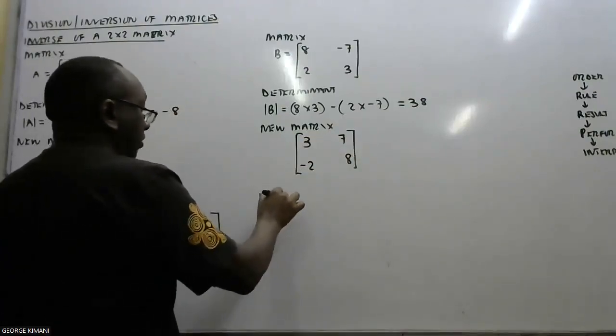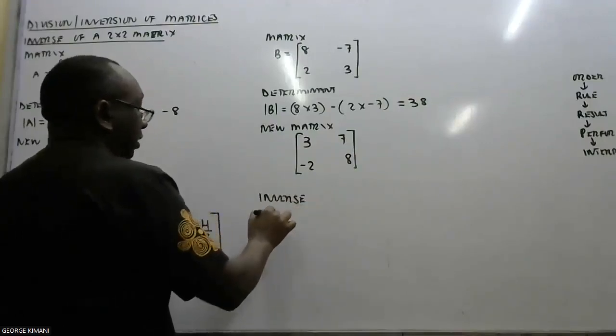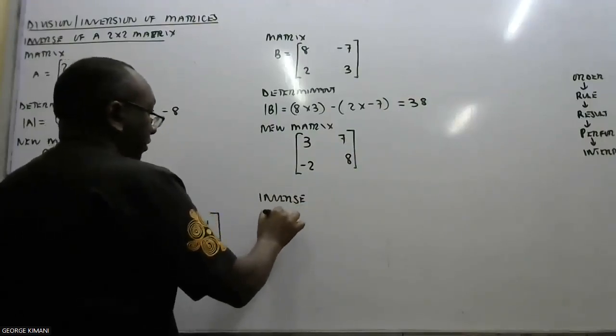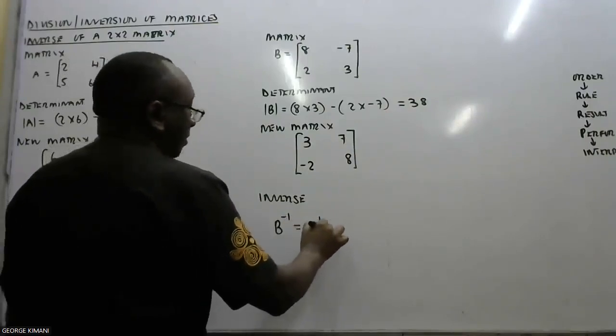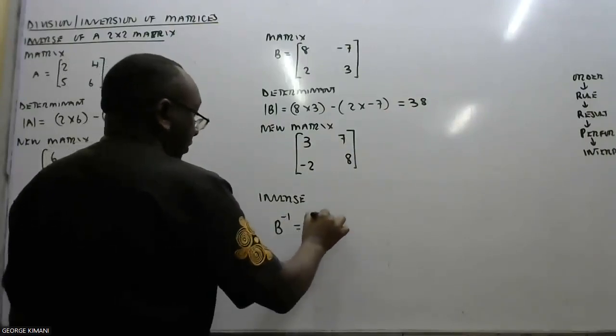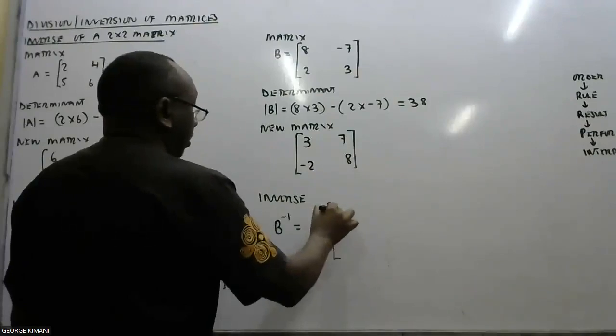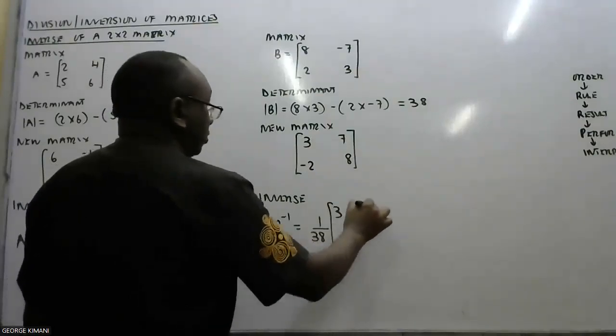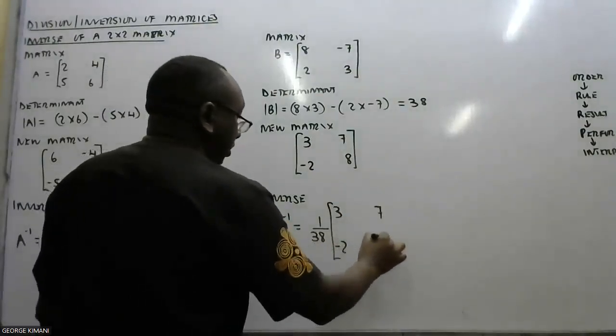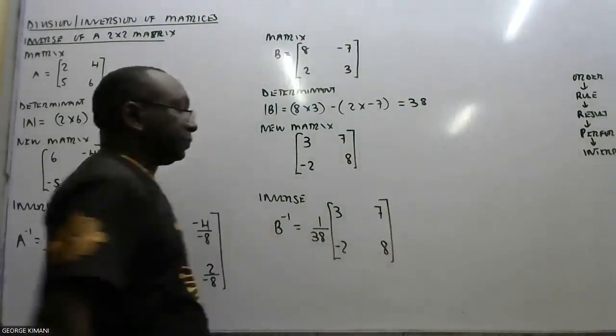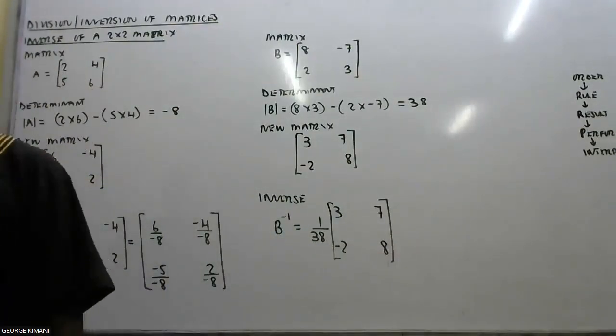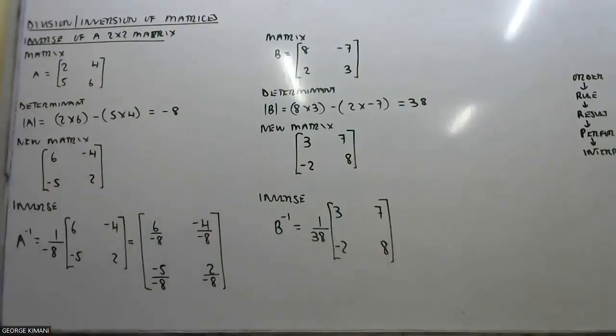Therefore, the inverse B inverse is 1 out of the determinant, so 1 out of 38, times 3, -2, 7, 8. So that one is fine.